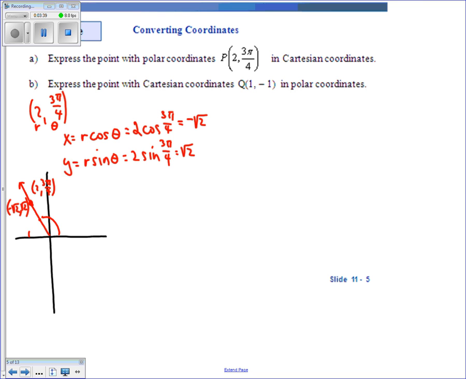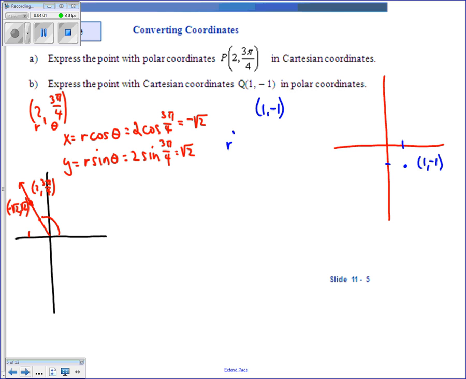Okay, so now let's look at the Cartesian coordinates 1, negative 1. Okay, so if I were to plot them, I know the point is down here. So this has coordinates 1, negative 1. Now find the r and the theta.